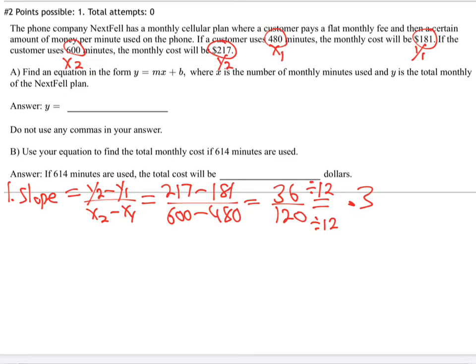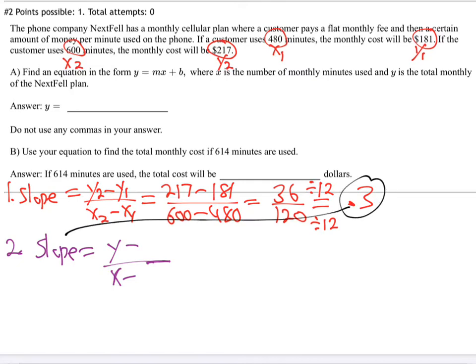And then step 2. They're going to say, okay, now we use the slope formula again, remember? With the y minus and the x minus with the blanks at the back. And we just plug the slope in the left side. And what do we put behind the y and behind the x where the blanks are? We just grab the x1 and the y1. Or you could do the x2 and the y2. It doesn't matter.